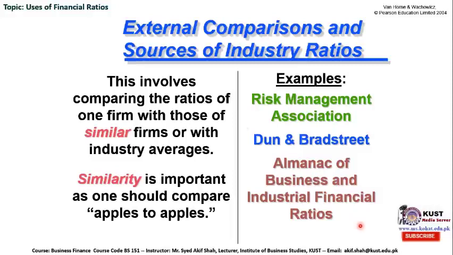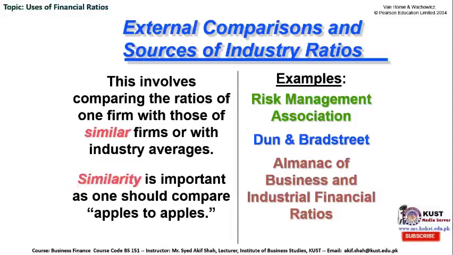There could be Standard & Poor and Moody and Fitch as well, which normally presents or give us the industry benchmark or averages pertaining to many companies operating in the specific industries. So we can compare our company's financial ratios with the industry averages as well.